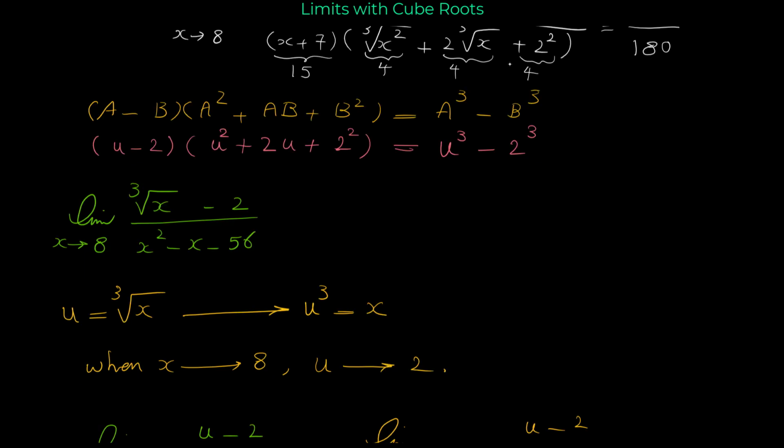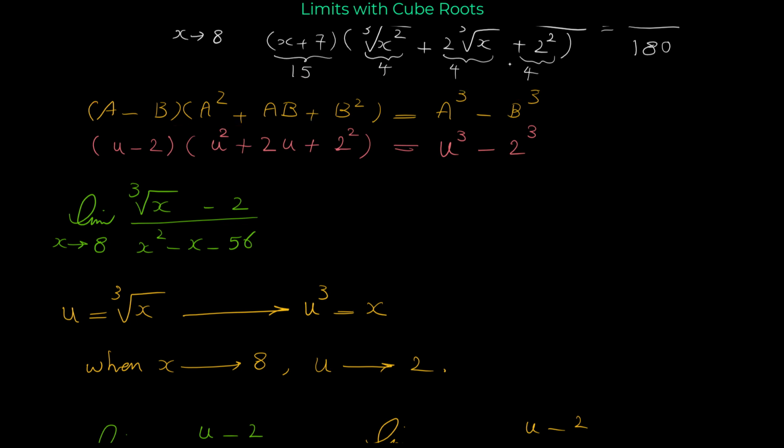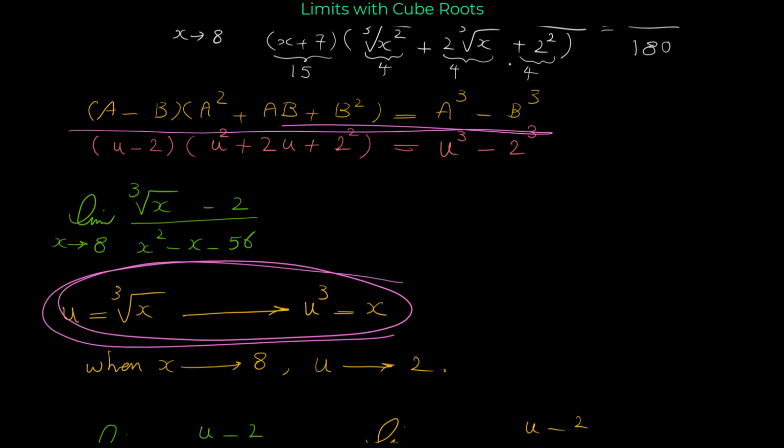As you can see, in this new method, the second method, we also use this identity for finding this limit. So in both methods, we use the same identity for finding this limit. But in the second method, first we do this substitution, and then we use this identity.